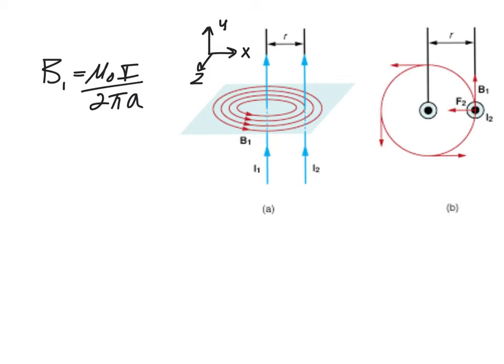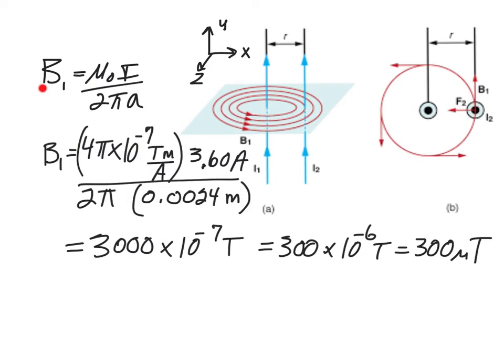And the magnitude is just going to be, use the numbers that are given. So here's our equation for a wire. We're getting B1 at wire 2, so we have to use I1. And mu naught is 4 pi times 10 to the minus 7. Notice I put the units in Tesla meters per amp. This is amps. 2 pi, the distance, 2.4 millimeters, so that's 0.0024 meters.